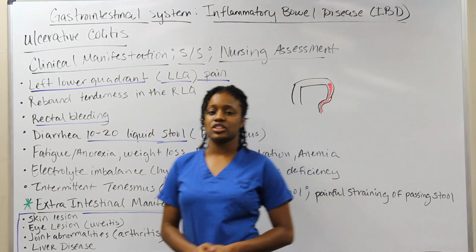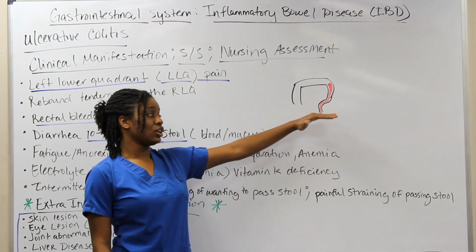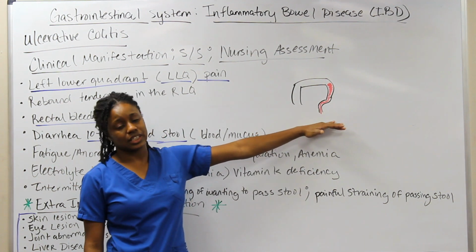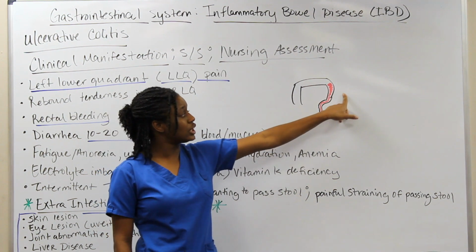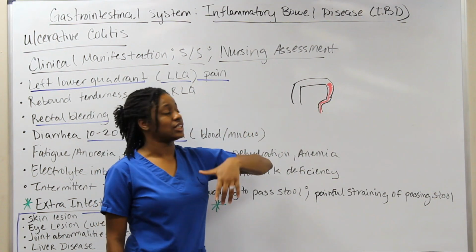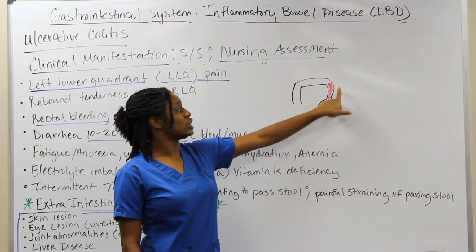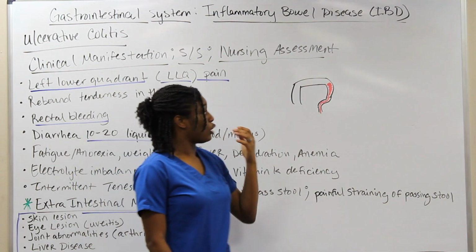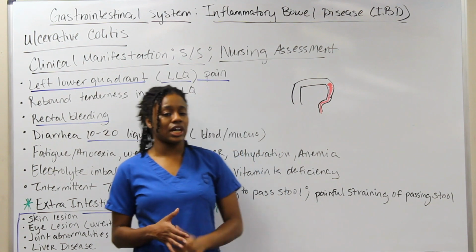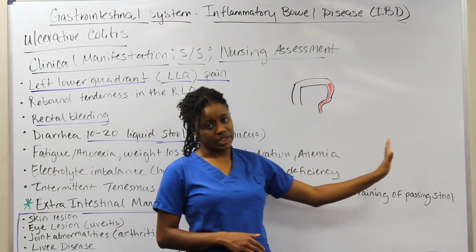And again, I just drew a little picture here to let you know exactly what part of the large intestine is involved, and it's pretty much the left side, okay? It can gradually, depending on how bad it has gotten, make its way all the way up even to the cecum area, all right? But your typical ulcerative colitis is going to be on the left side, all right?